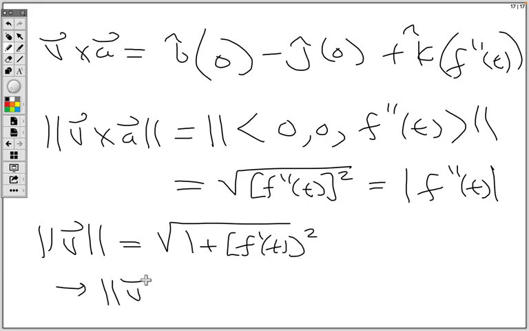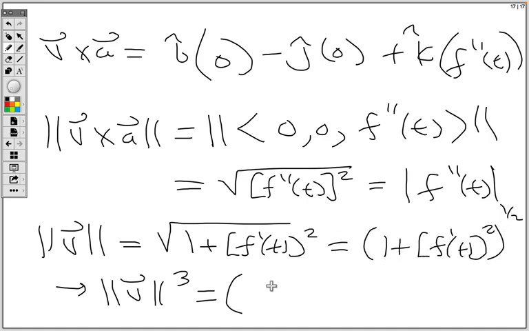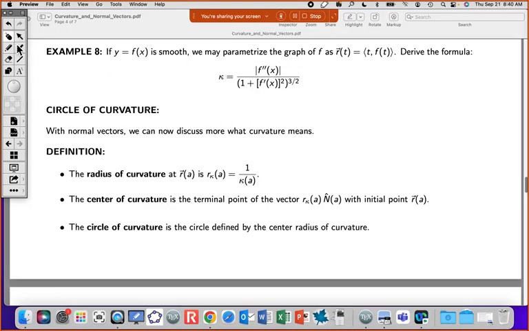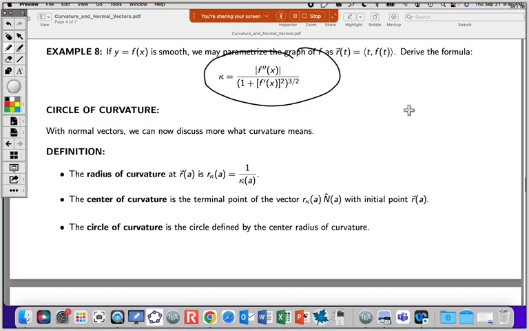So that means that the magnitude of v cubed would be all of this cubed. So it would be 1 plus f prime of t squared, I can write that as 1 plus f prime of t squared to the 1/2. So I would be taking this to the 1/2 cubed, that's the 3/2. And that's where we get that formula for curvature of a plane curve. So there we go. And then we just ship back in x for t.